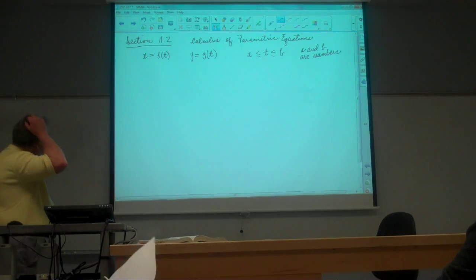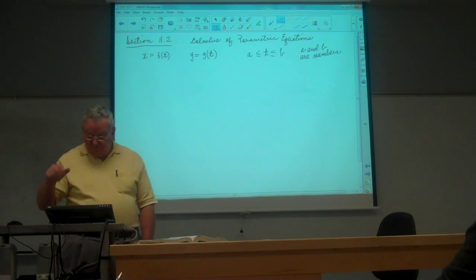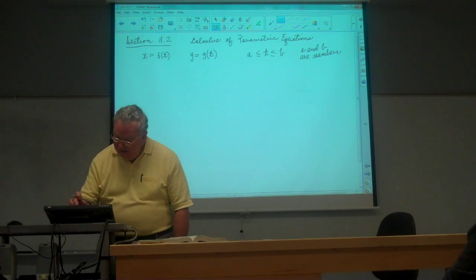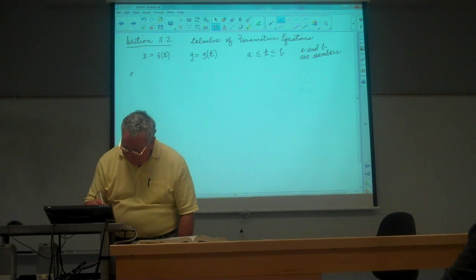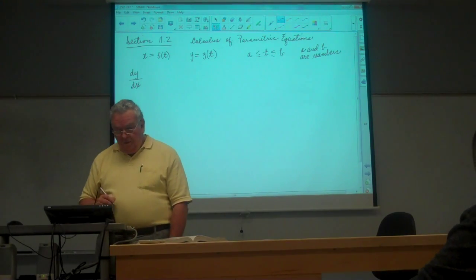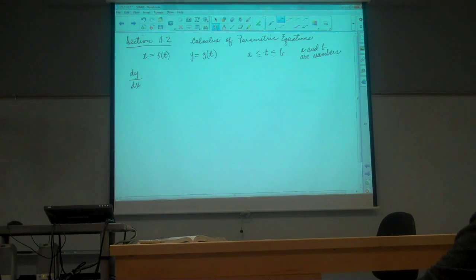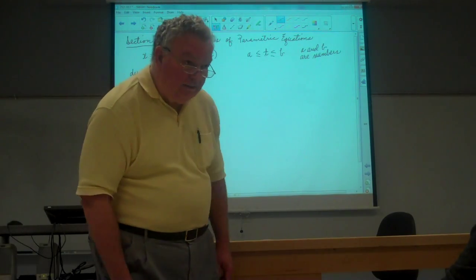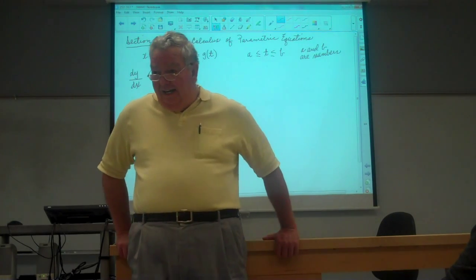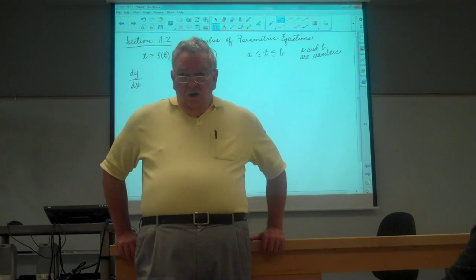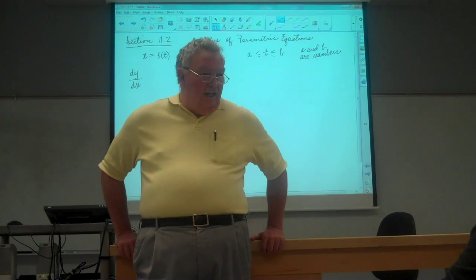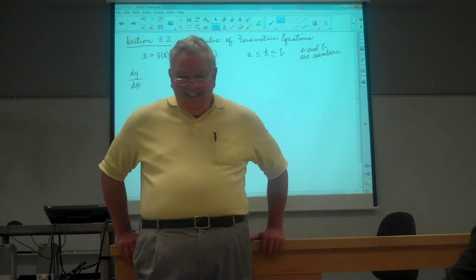Now, I want to find this. What's that called? Give me another name for that. That's exactly the name I wanted. You heard Travis as he yelled out the answer.